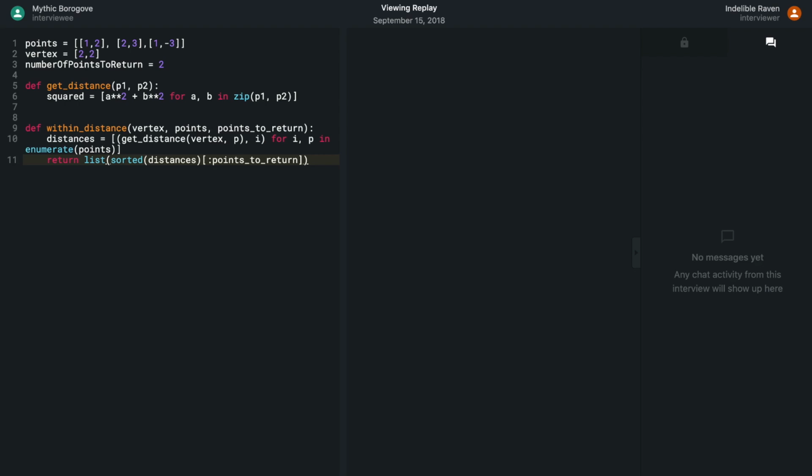Okay. Yeah, and so by zipping, I have basically the first pair and the second pair together, and then when I say for a, b, I unpack the tuple, and then I'm saying a squared plus b squared, right? So I'm basically computing a1 squared plus b1 squared, and then a2 squared plus b2 squared, and then I'm going to take the square root at the end.